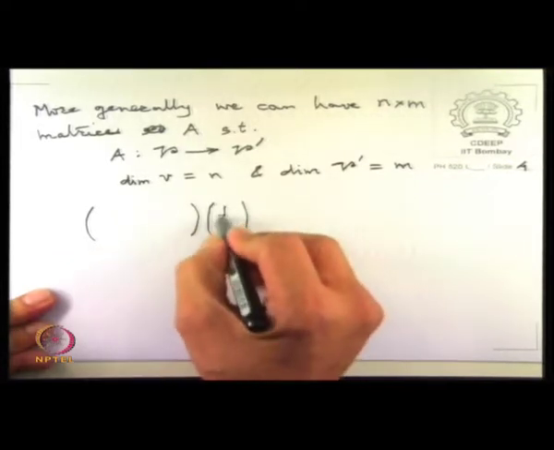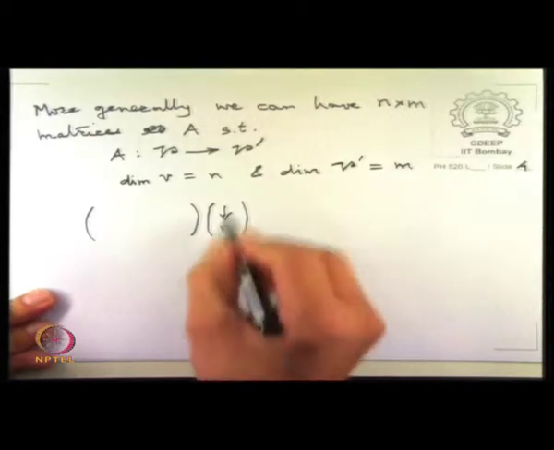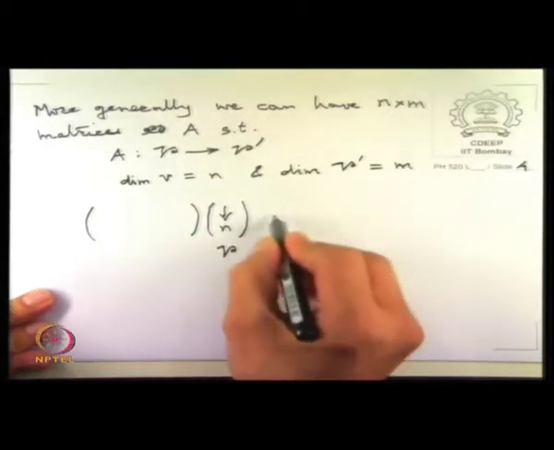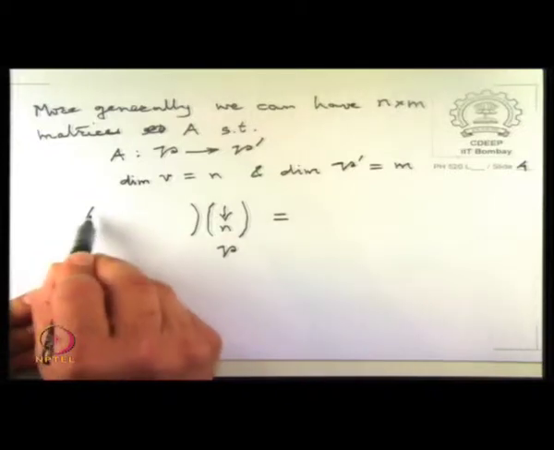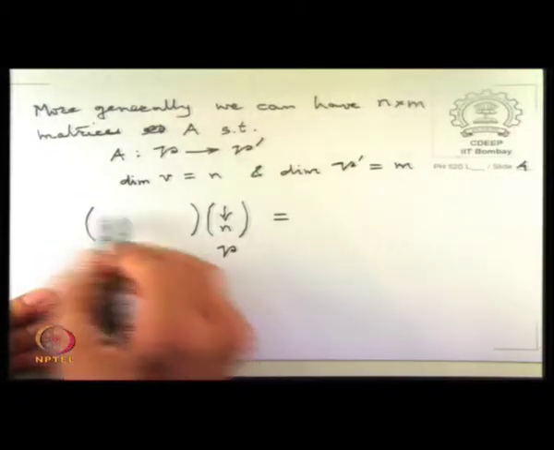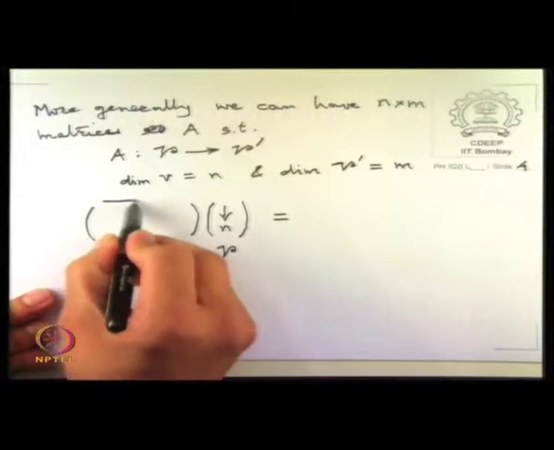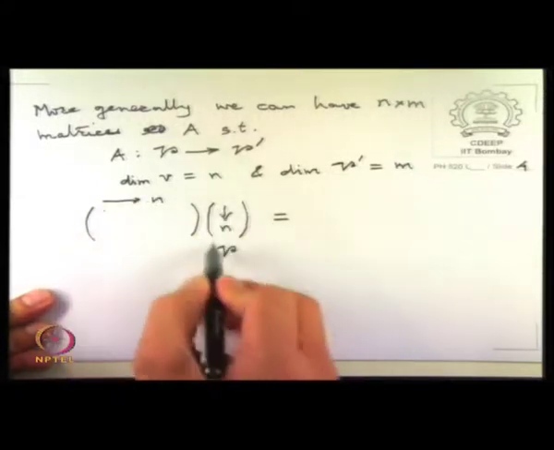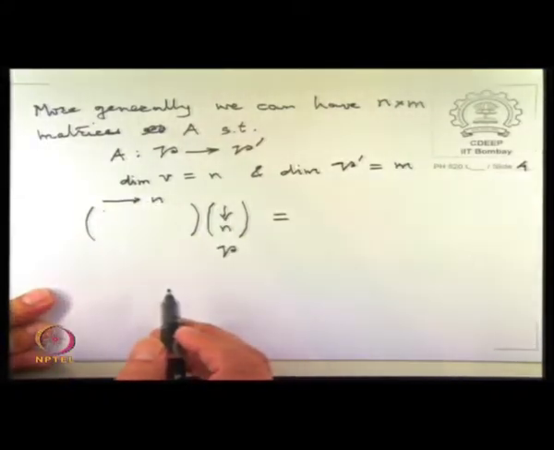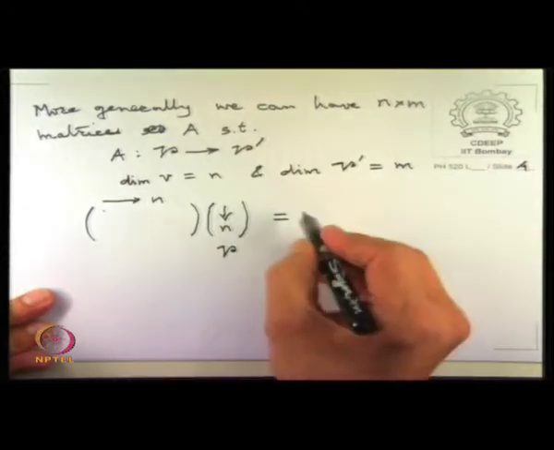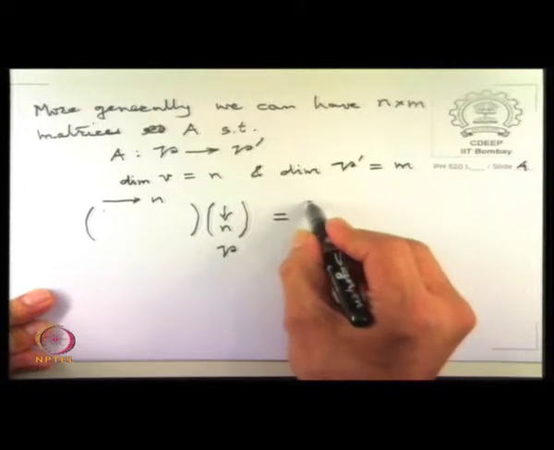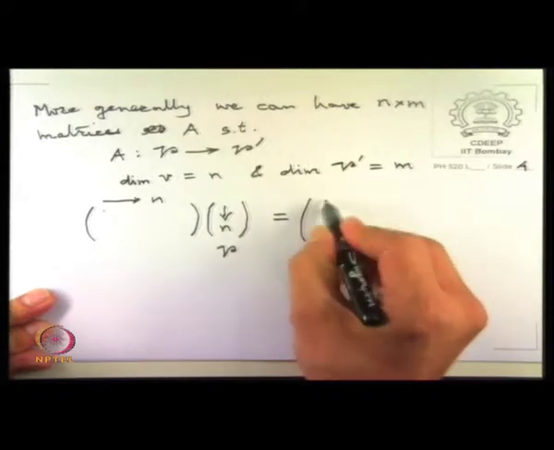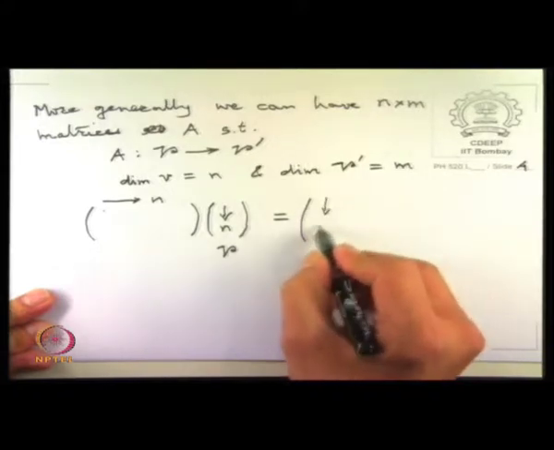So I have n entries here, this is V. So I must have as many columns. So number of columns must be also n, so that I can multiply this. Then suppose it produces an m dimensional vector V prime.